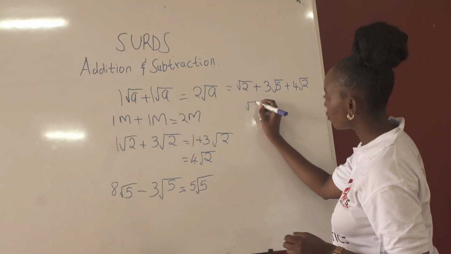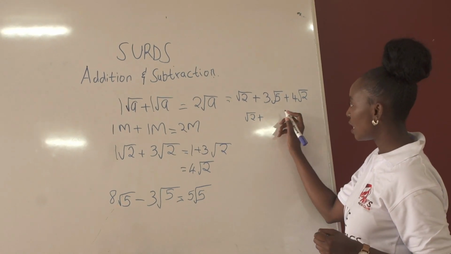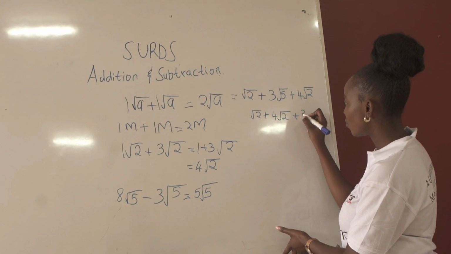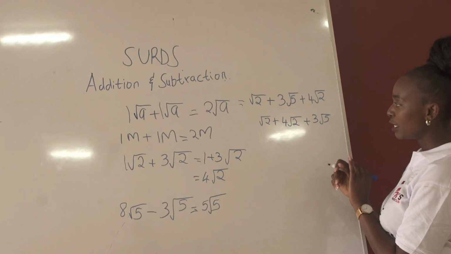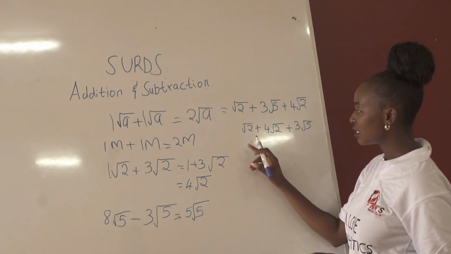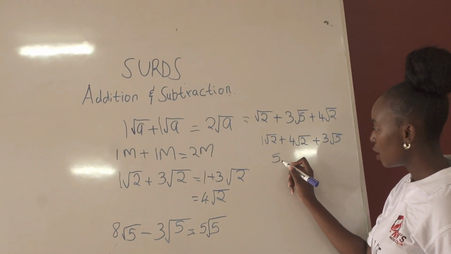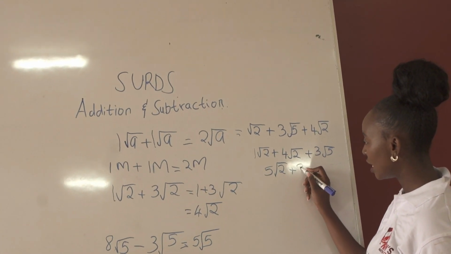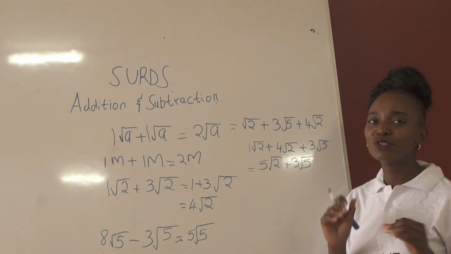So we'll take root of 2 plus, this one has root of 2 as well, so plus 4 root of 2, plus 3 root of 5, because this one is not the same. So we can go ahead and work this out. So this is 1 plus 4, it becomes 5 root of 2, then you come and add 3 root of 5. So this becomes your answer.